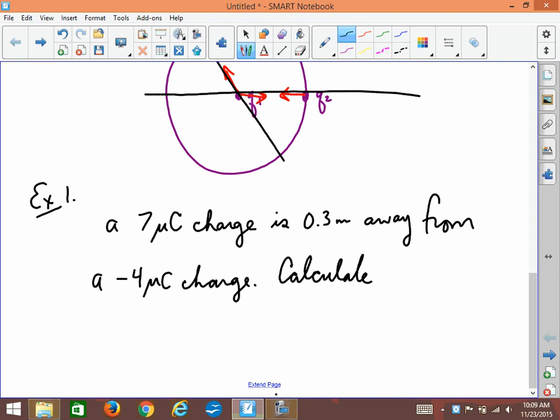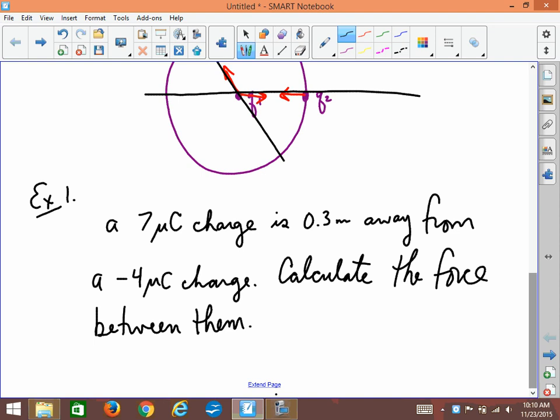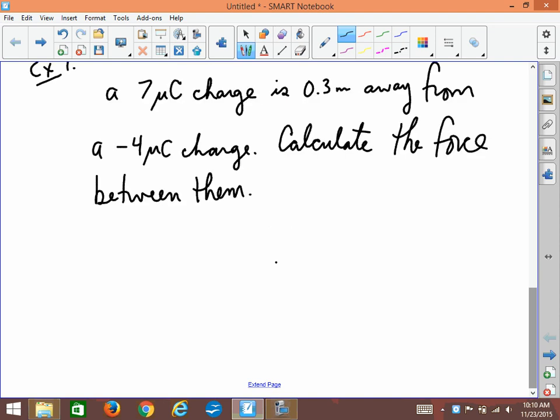And of course we would mean the electric force. So that's kind of understood. Calculate the force between them. The microcoulomb is just a unit. A coulomb is like any other unit. It can be applied with the metric system. So you could have a kilocoulomb or a centicoulomb, but those are very odd units that just don't seem very practical.